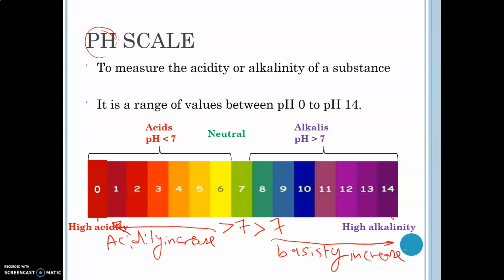So let's recheck. If you have a base with pH 10, does that mean it's a strong or weak base? If you have a substance or a base with pH 10, this means that it's a weak base. Do you remember when we set examples for acids and we said in your stomach there is a strong acid?